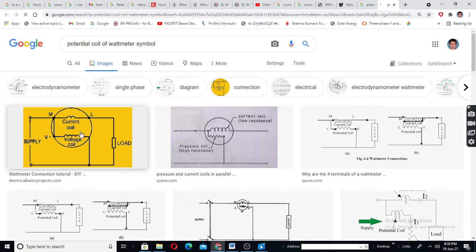See, you can show it like this. Okay, current coil only one turn or two turns. For the potential coil, more number of turns. Or for the potential coil, you use a resistance.